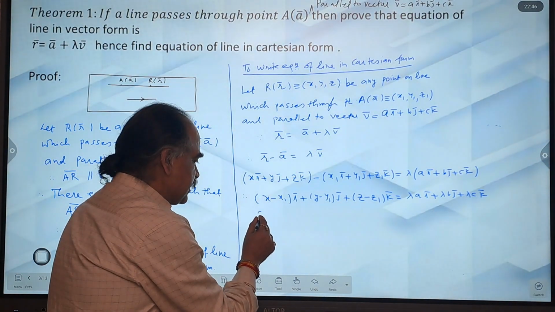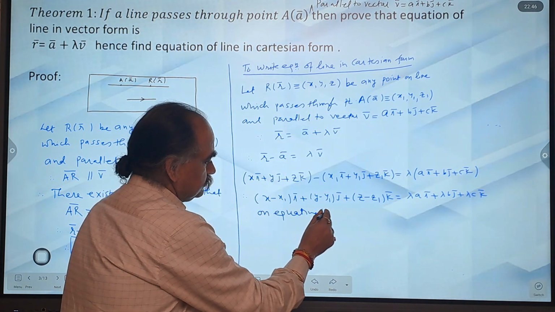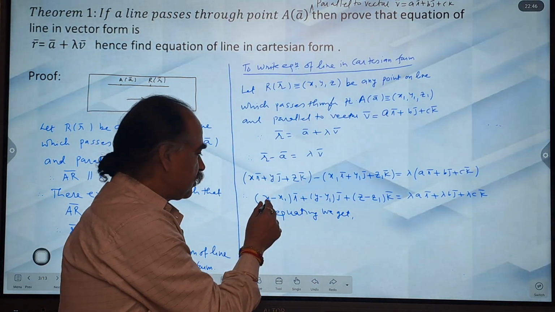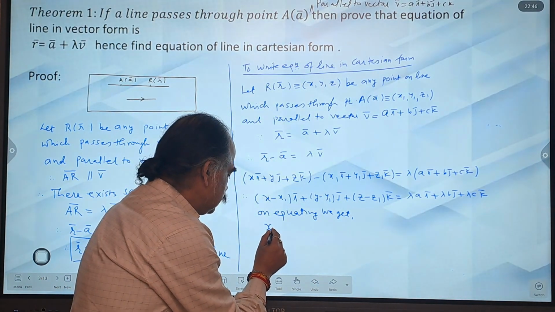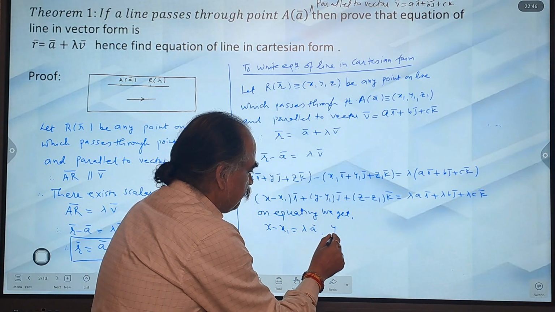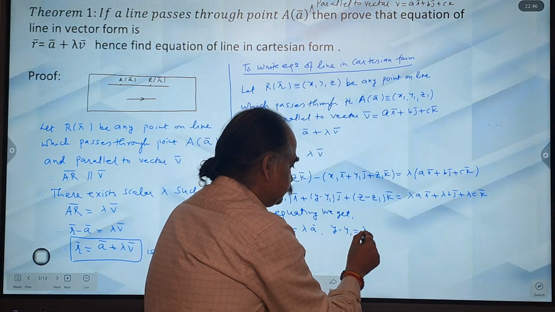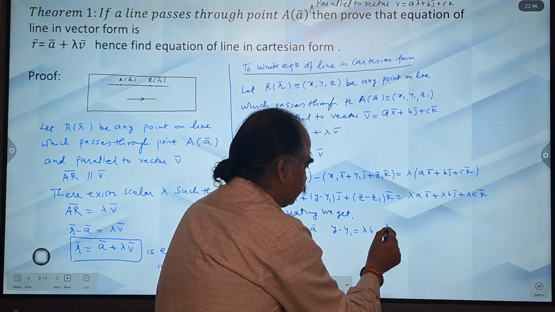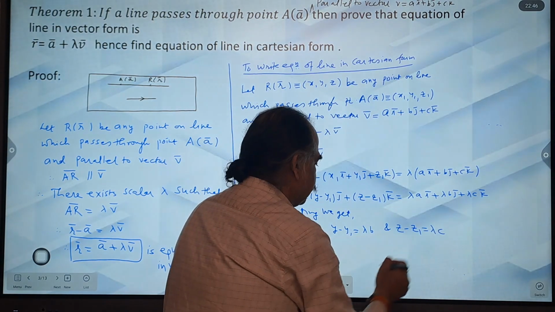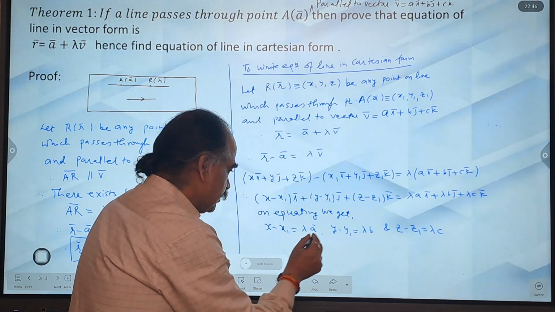On equating, we get left hand side component of i bar is what? x minus x1 is equal to lambda a, y minus y1 is equal to lambda b and z minus z1 is equal to lambda c. Sorry, this is i, not i bar.